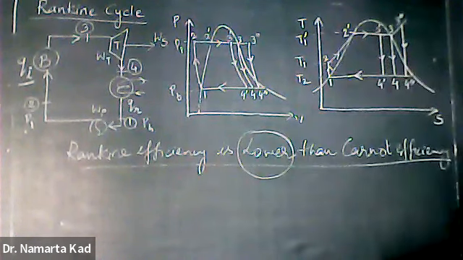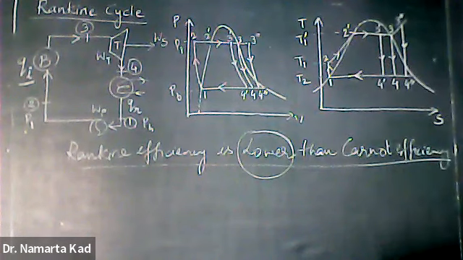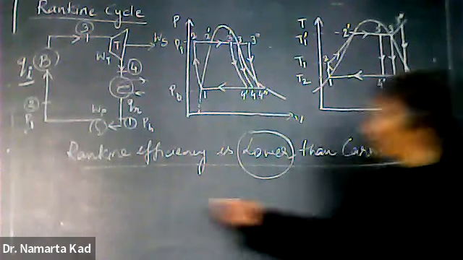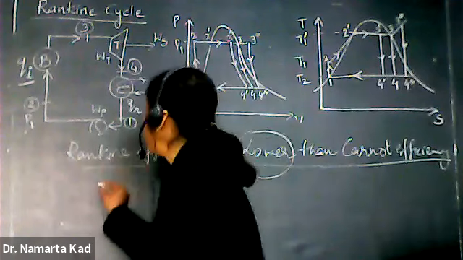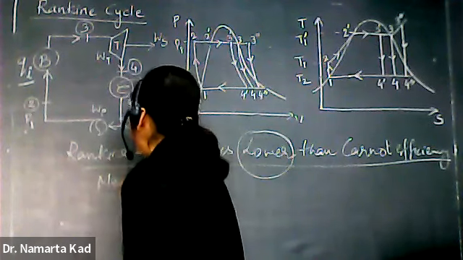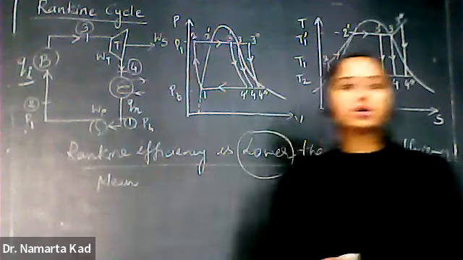So what is the main reason behind that? In the case of the Rankine cycle, the mean temperature of the heat addition process is less than the mean temperature of the heat addition process of the Carnot cycle.